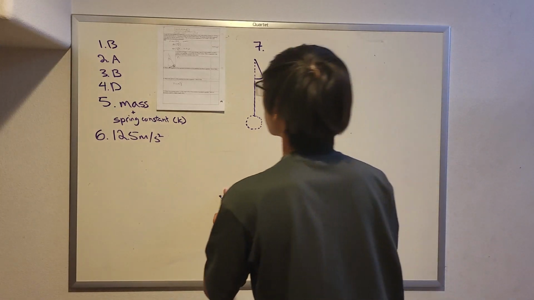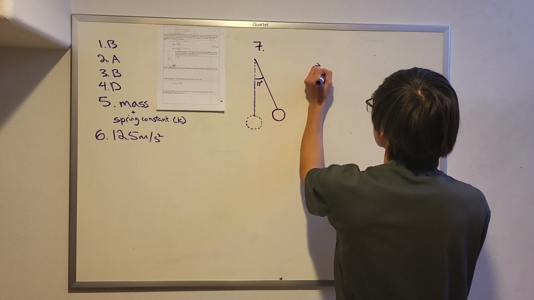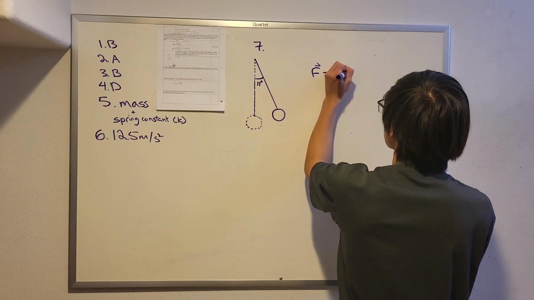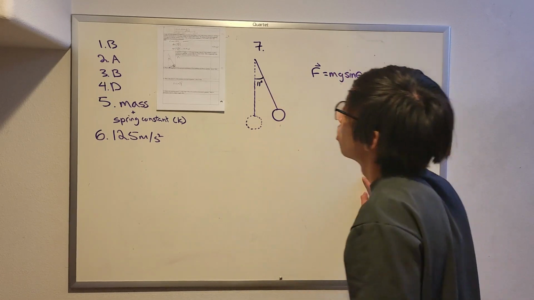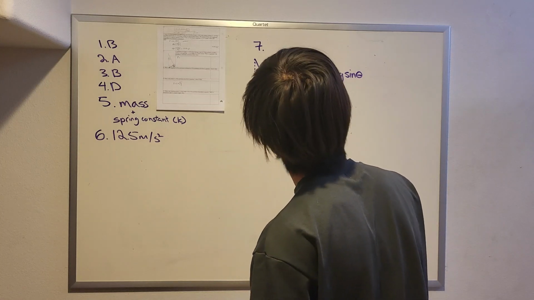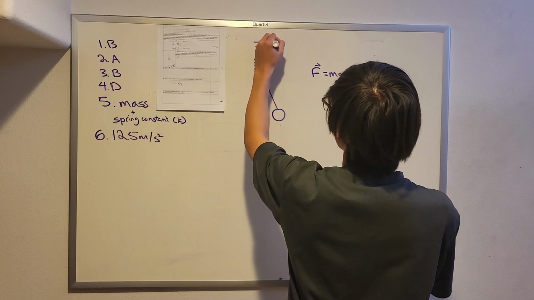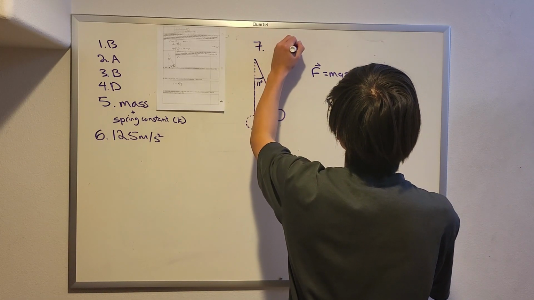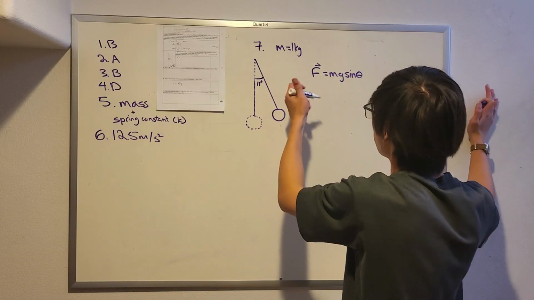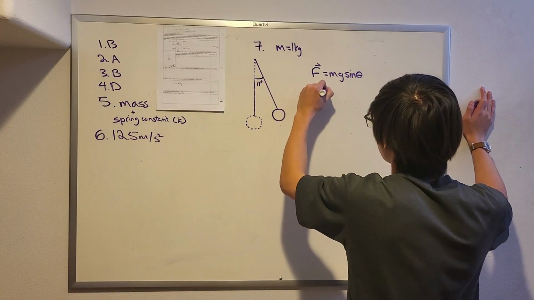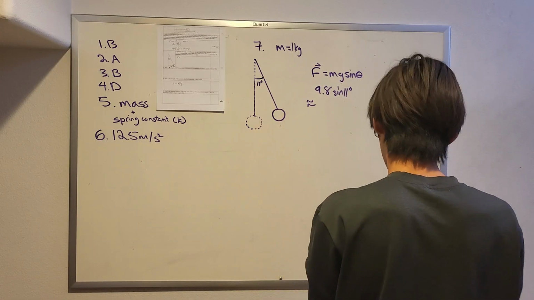So the restoring force is equal to mg sine theta. So if we want to know what the maximum restorative force is going to be, well, you just take the mass, which is 1 kg, and then we need to find g. Well, actually, we know what g is. It's 9.8. So we have 9.8 times sine of 11 degrees, and that's going to give us our maximum restoring force.